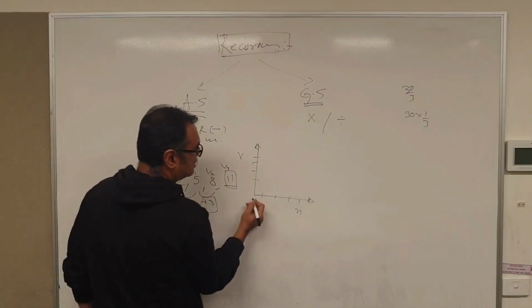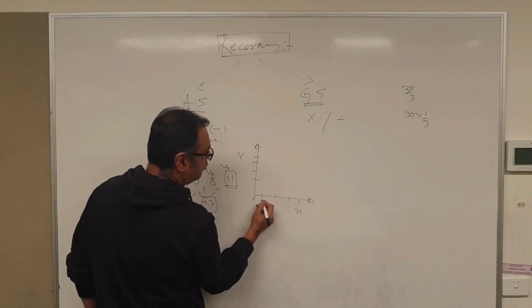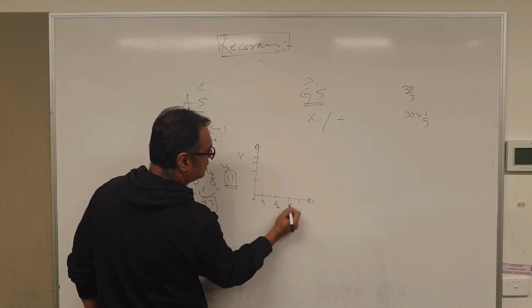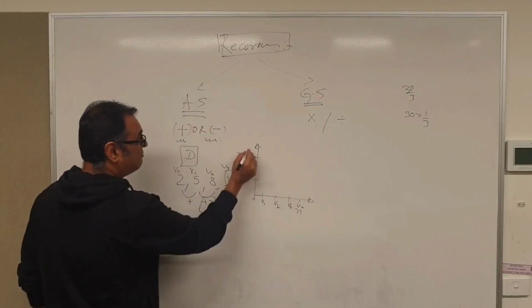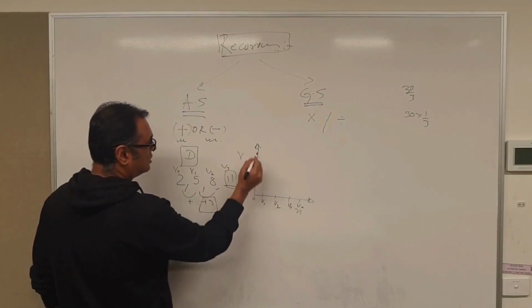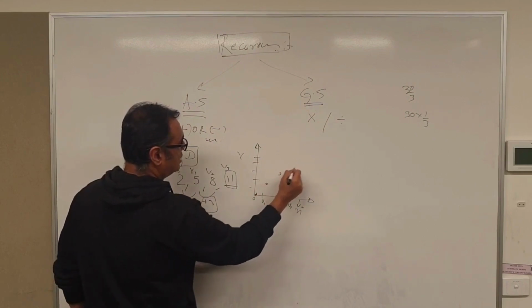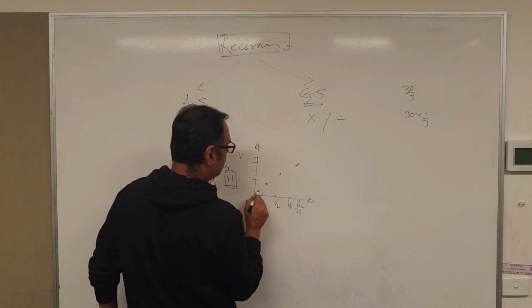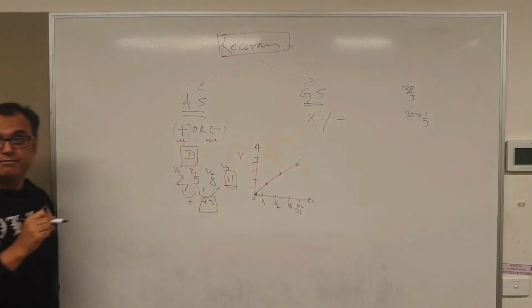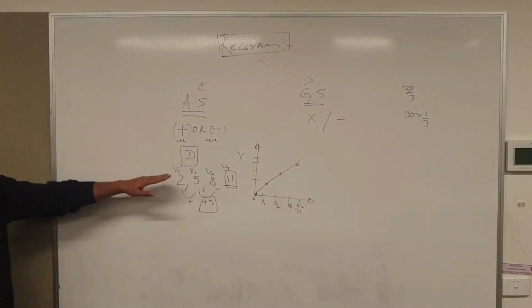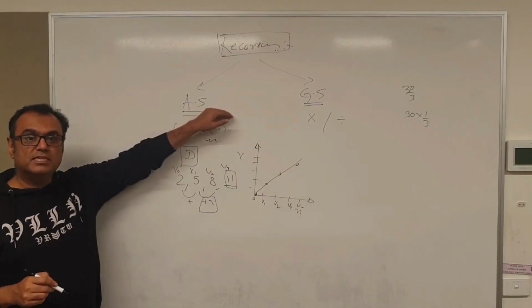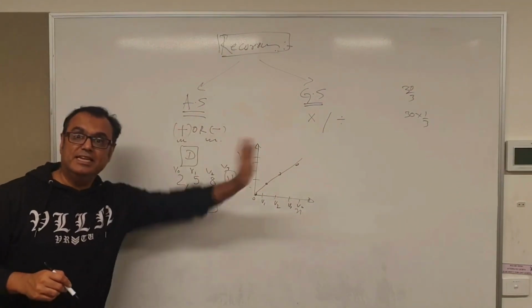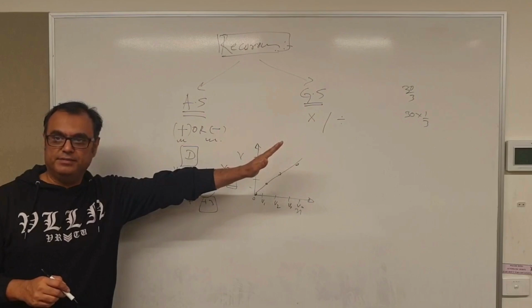So if this is V0, V1, V2, V3, V4, these are the values of the terms: 2, 4, 6, 8, etc. What you will see is a straight line graph, a linear graph. So for arithmetic sequences, the graph is linear, a straight line.